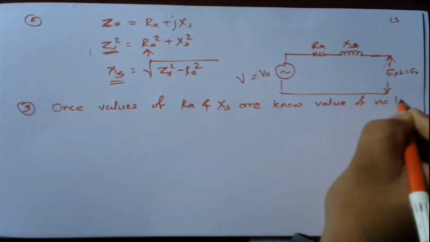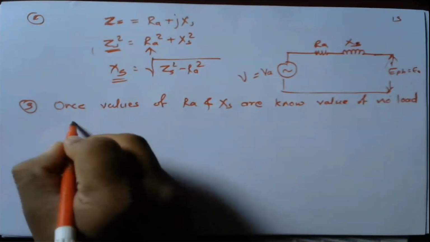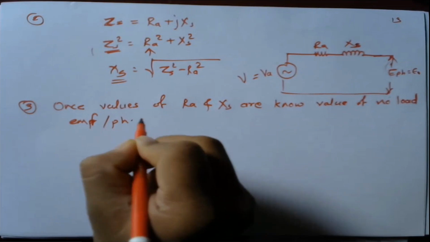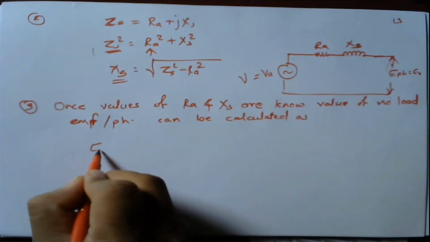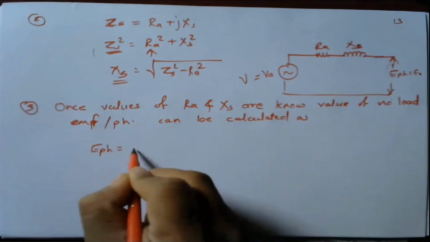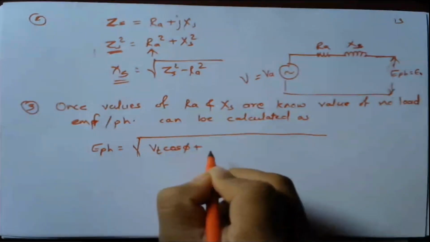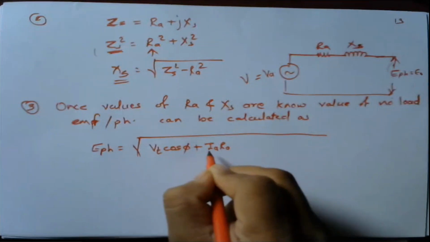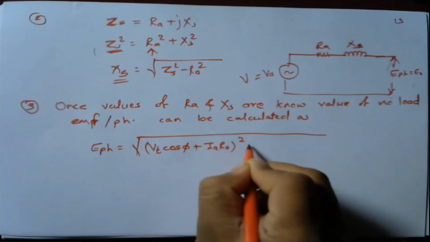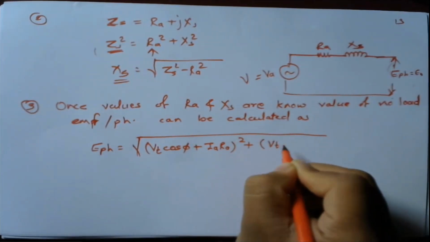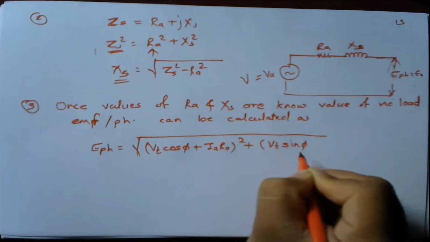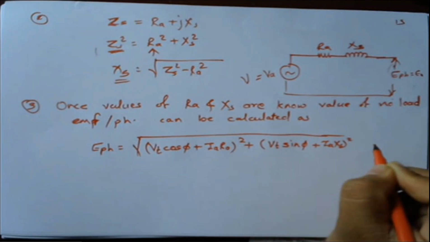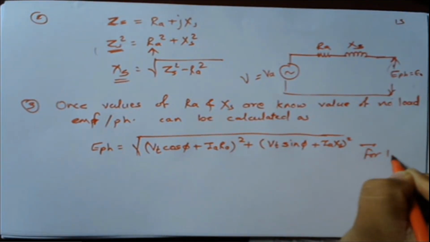The value of no load EMF per phase, EPH, can be calculated as follows. Right now we have considered a lagging power factor, so the formula comes as the square root of (VT cos phi plus IARA) whole square plus (VT sin phi plus IAXS) whole square, and this is for lagging load.